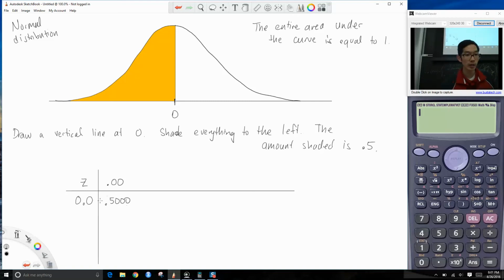The very first number in that top left corner is 0.5000.